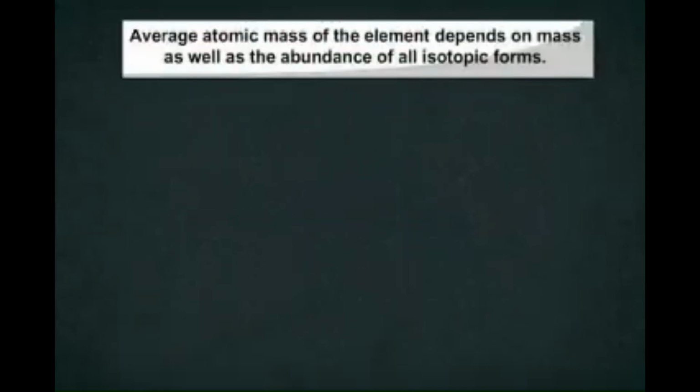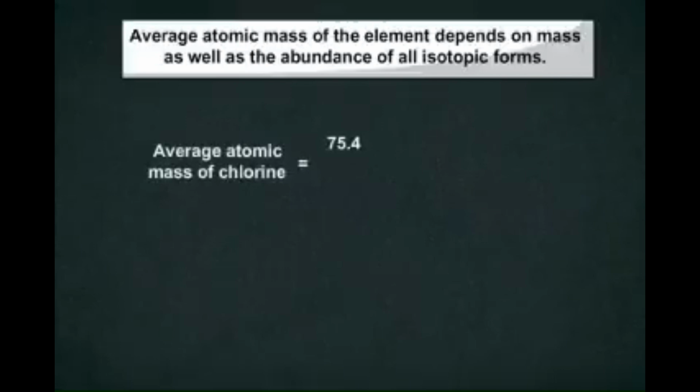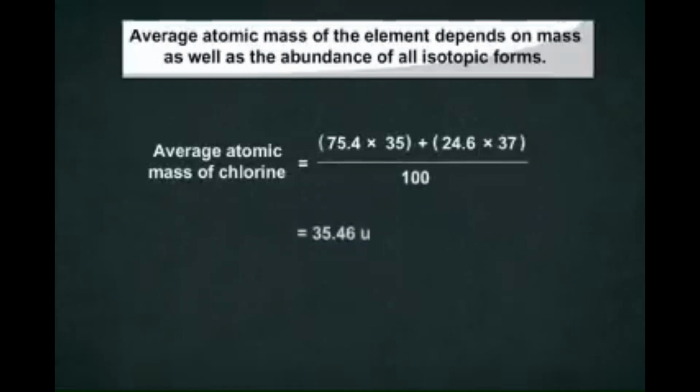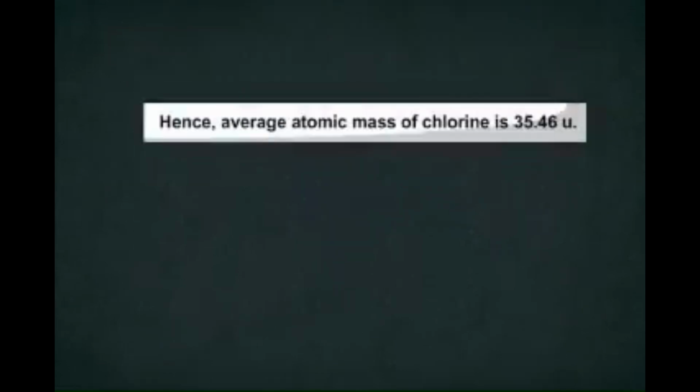When we have to calculate the average mass of the element, mass as well as abundance of all isotopic forms is taken into consideration. So the mass of chlorine is actually calculated as 75.4, that is the percentage, into 35 plus 24.6 into 37 divided by 100, which is 35.46. So the average mass of chlorine atom due to the presence of both the isotopes is 35.46.